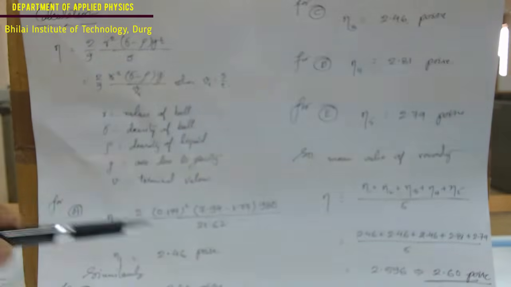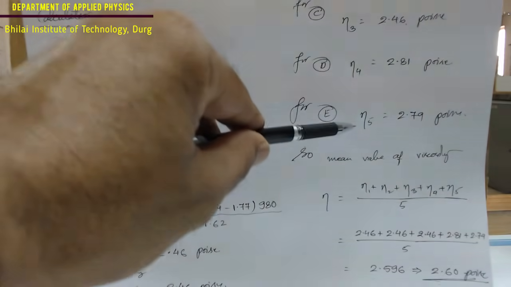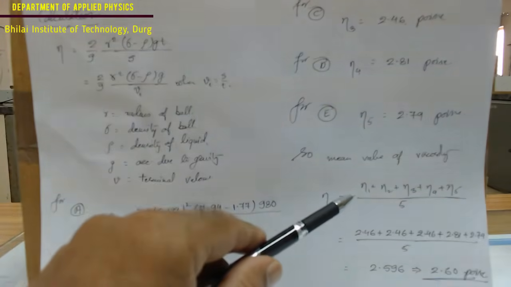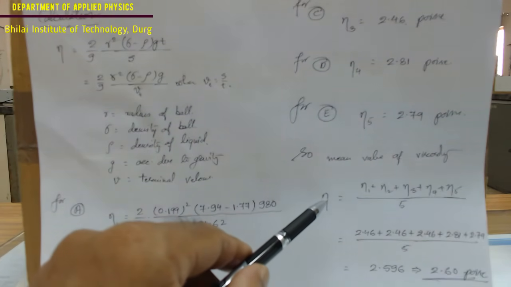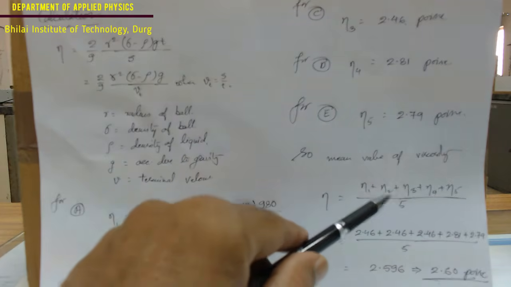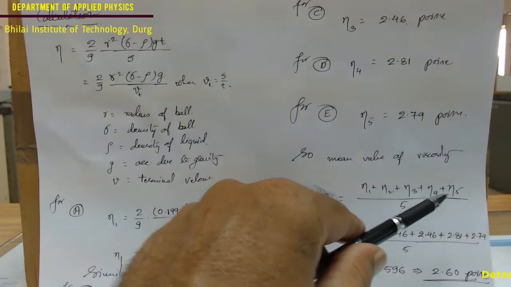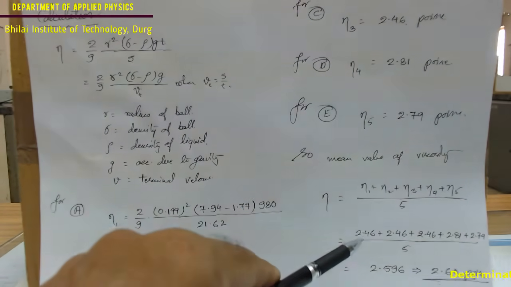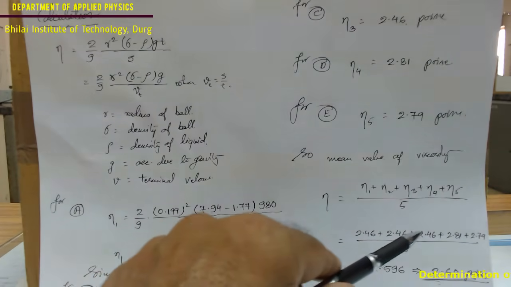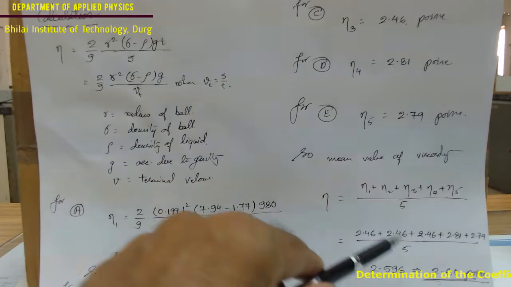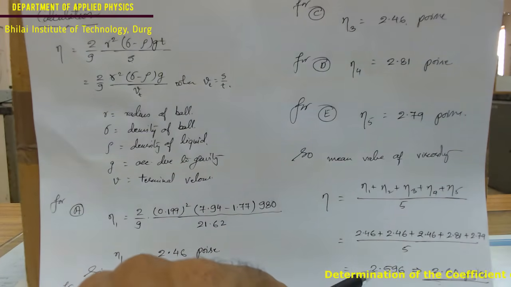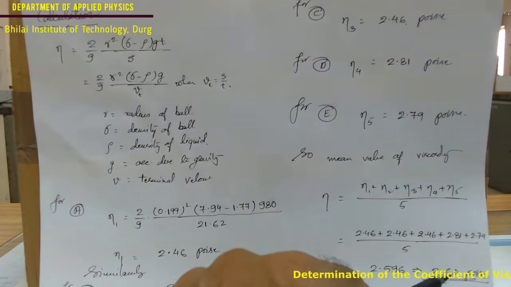Now we have got the viscosity using five different balls. Now I want to find the mean value of the viscosity. The mean eta is equal to eta 1, eta 2, eta 3, eta 4, eta 5 divided by 5. Putting the values, 2.46, 2.6, 2.46 plus 2.81 plus 2.79 divided by 5, it comes to be equal to 2.596, or rounded off, 2.60 poise.